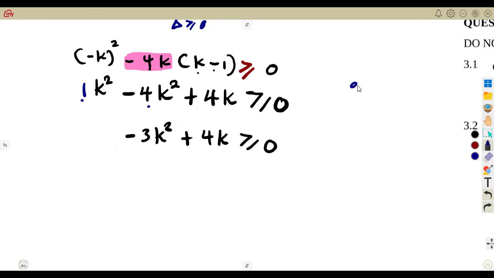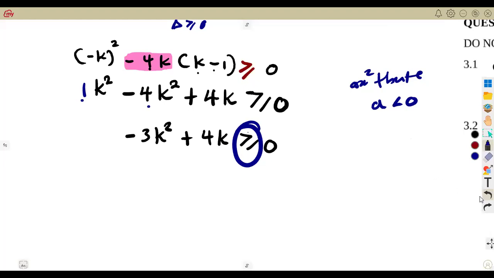Remember, from our ax squared plus bx plus c, if a is less than 0, we are simply going to have something of that nature. That is the condition. So in this case, guys, that is what is affecting our values. Otherwise, everything is just the same. If you choose to have it as a positive, it means you have to divide by negative. The moment you divide this side by negative, the inequality sign reverses.